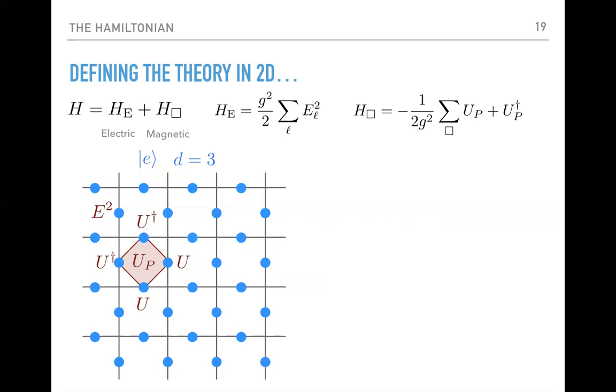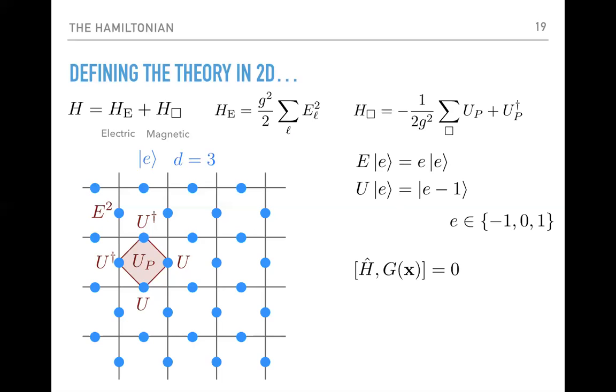And these are just the usual plaquette operators that we know. And so we have 2 operators: E, which is giving us the electric field eigenvalue, and then the U's, which are the ones that lower and raise the electric field on the individual links. And E takes values in -1, 0, 1.